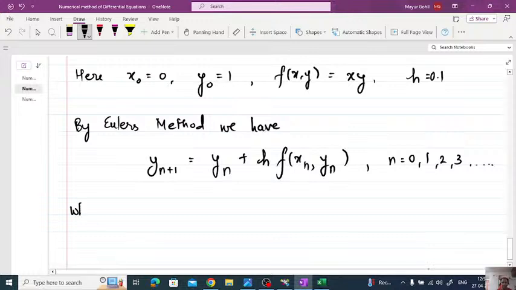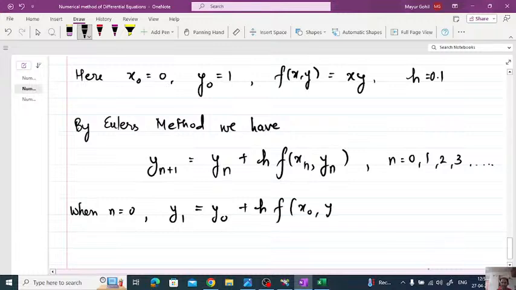So when n is equals to 0, here the formula becomes y1 equals to y0 plus h times f of x0 y0.